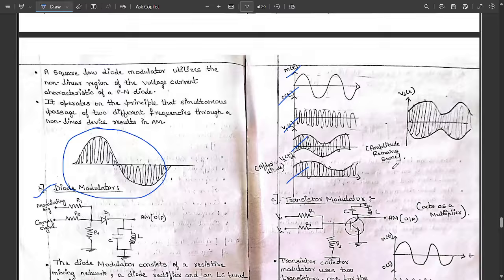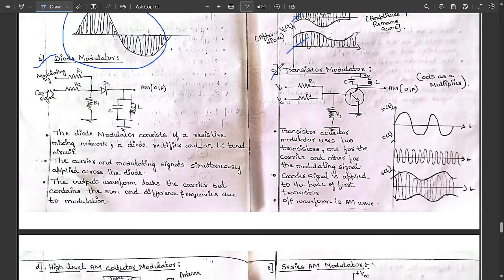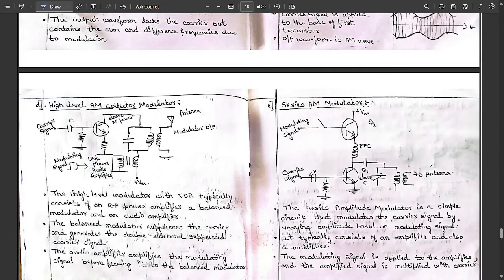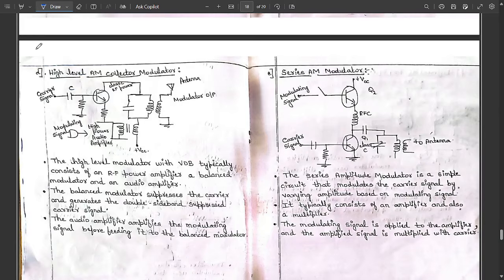So this is for a single sideband signal, okay? And this is the final waveform which we get. And the third one is the transistor modulator, its circuit, waveforms, and some explanation. Okay. And the other two are the high level collector modulator and series amplitude modulation. Okay, for these two we have provided the circuits and some explanations. So pause the video and refer to it.